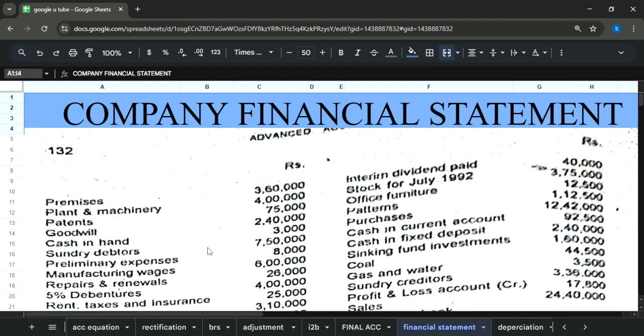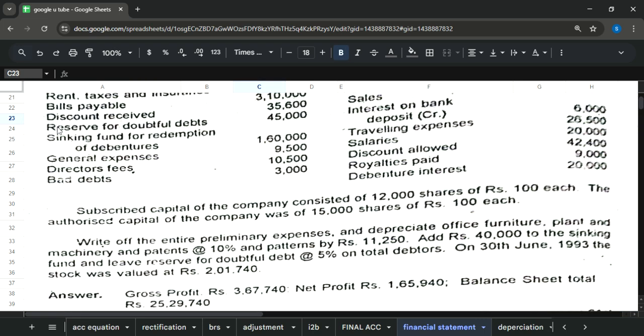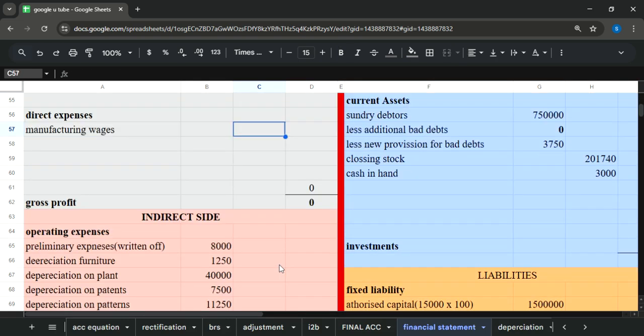Then we have manufacturing wages, part of the cost of goods sold statement, indirect expenses, and here manufacturing wages, amount 6 lakh, a huge amount. So you will be writing 6 lakh on the indirect expense side.